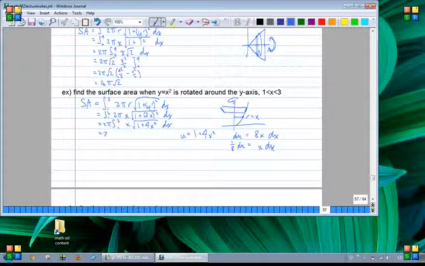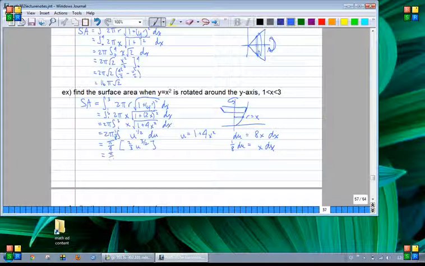So this equals 2 pi, the integral, and we're going to have square root of u, so u to the half, and then du, and I'm going to take that 1/8 and put it out front. Okay. So now, simplifying out front, we've got pi over 4. All right. Now u to the half, integrate, you get u to the 3/2, and 2/3 of that.